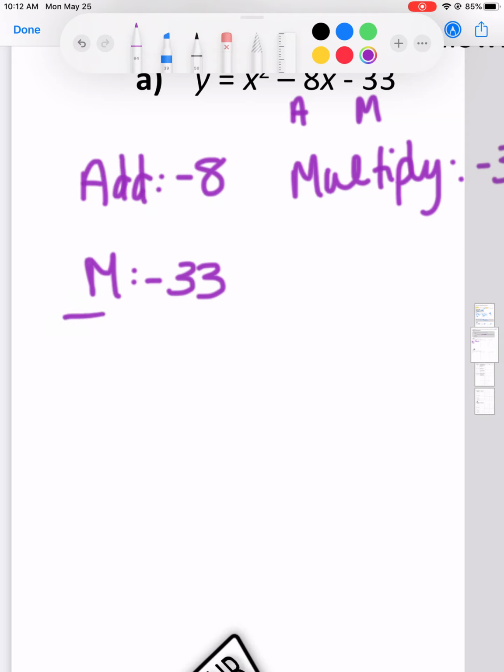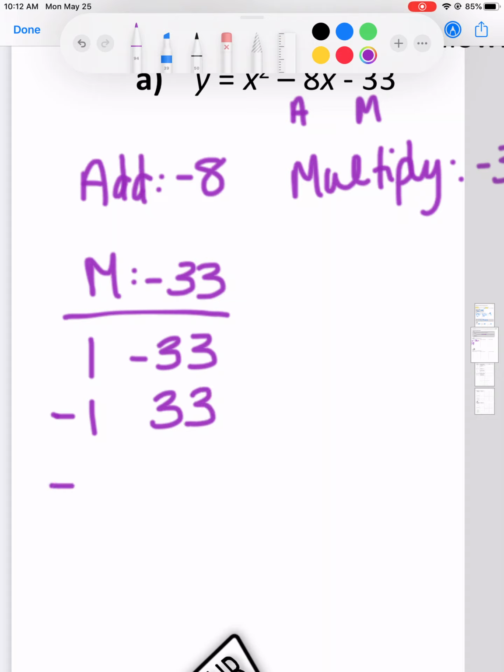Okay, so what are two things that multiply to -33? Because it's negative, I know one number has to be positive, one number has to be negative. So we have 1 and -33, -1 and 33. I have -3 and 11, and then I have 3 and -11.